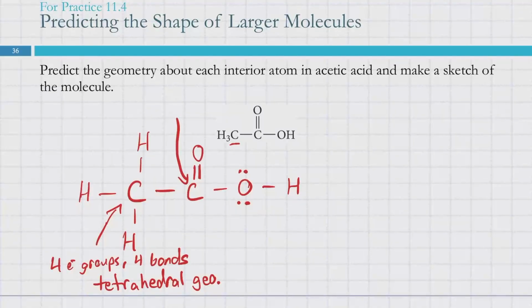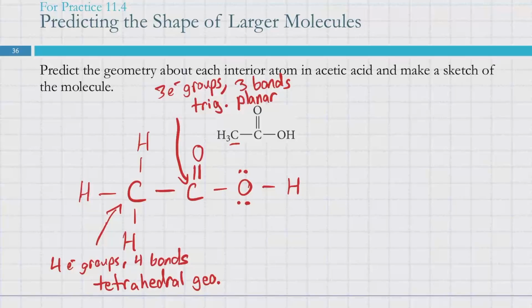Our middle carbon, or our right carbon, has 3 electron groups. They're all bonds, so they all take up space. So our electron and molecular geometries will be the same. And so this is going to be trigonal planar geometry.